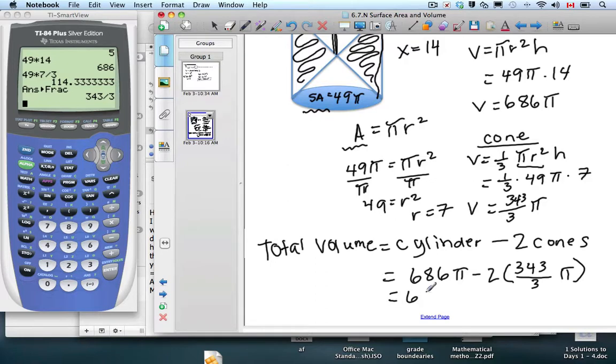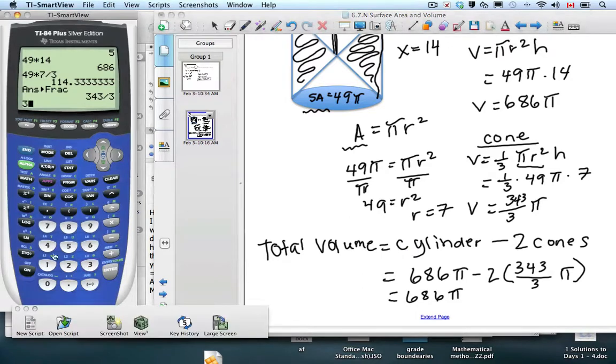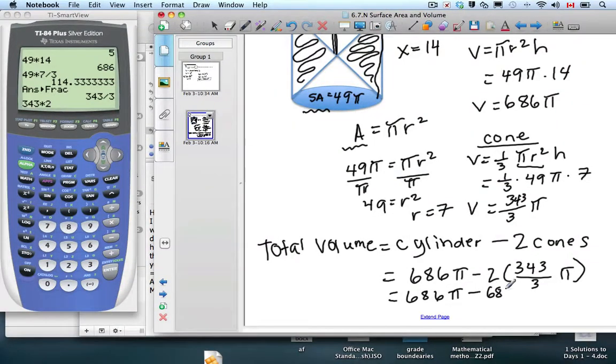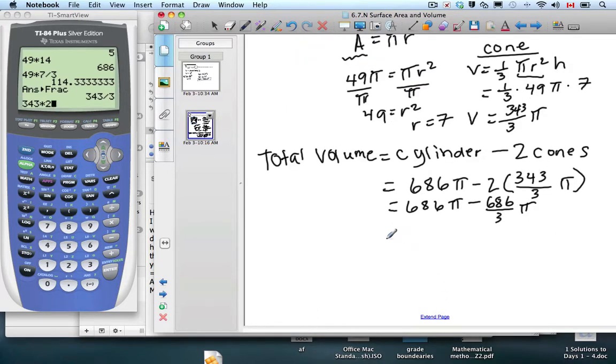Okay, so I have 686 pi. Let's clean this up a little bit by doubling 343. That's 686, minus 686 over 3 pi. Adding our fractions, we need a common denominator.